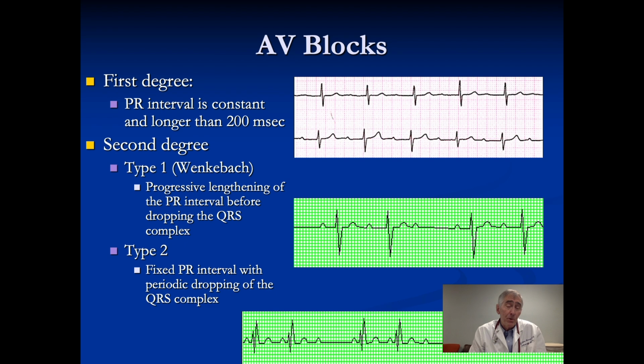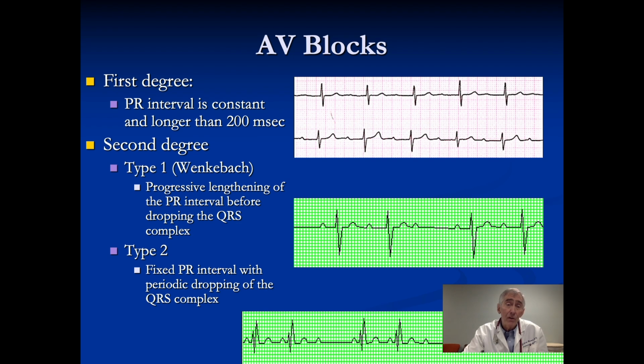Here are some examples of AV blocks, which are frequently determined by the intervals between these. For example, first degree AV block is the interval between the P wave and the QRS.